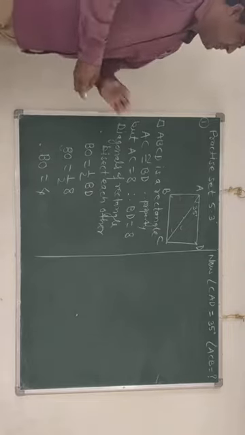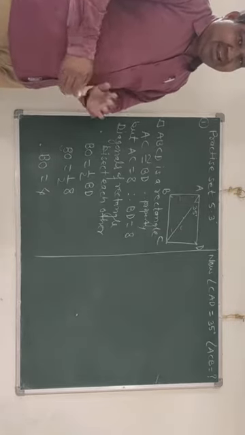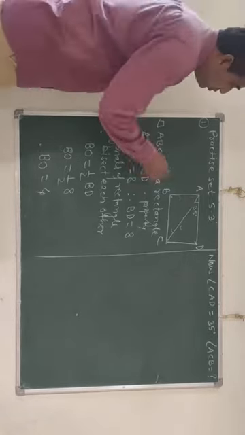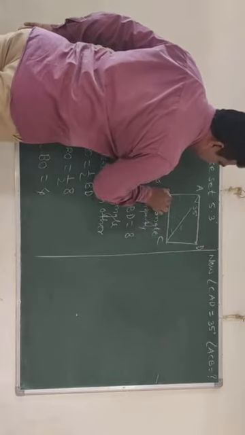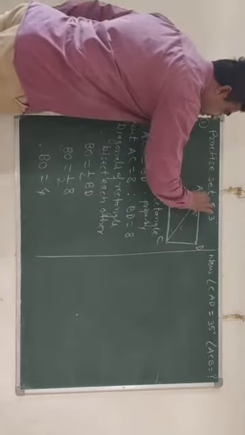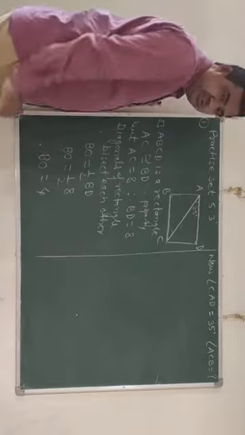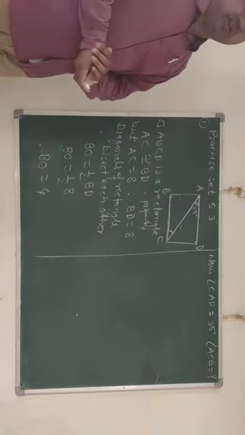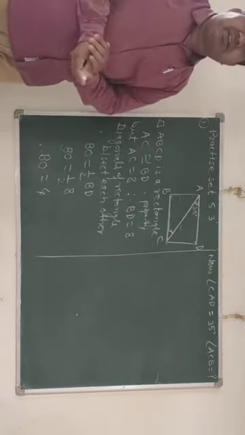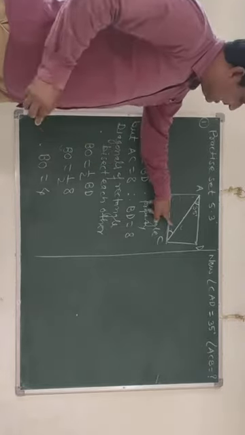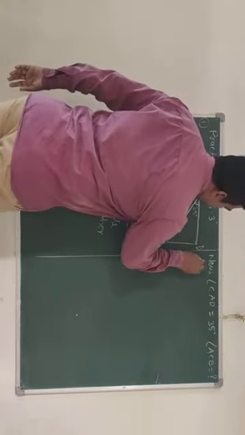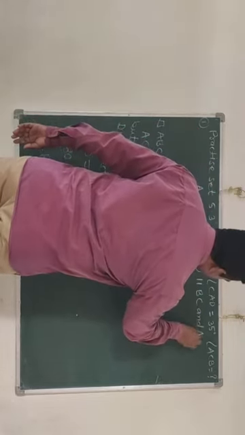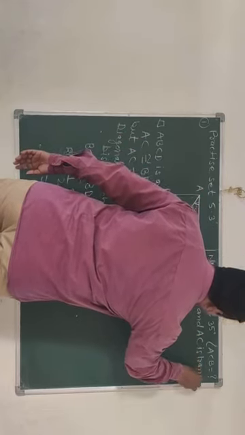As we know, quadrilateral ABCD is a rectangle, and every rectangle is a parallelogram first. So as it is a parallelogram, opposite sides are parallel. So this AD is parallel to BC. If we consider these parallel lines, what about this one? That is the transversal. And if there is a transversal, what about these angles? This is a pair of alternate angles. And if lines are parallel, a pair of alternate angles is congruent. That means we get this angle also 35. So here AD is parallel to BC and AC is the transversal.